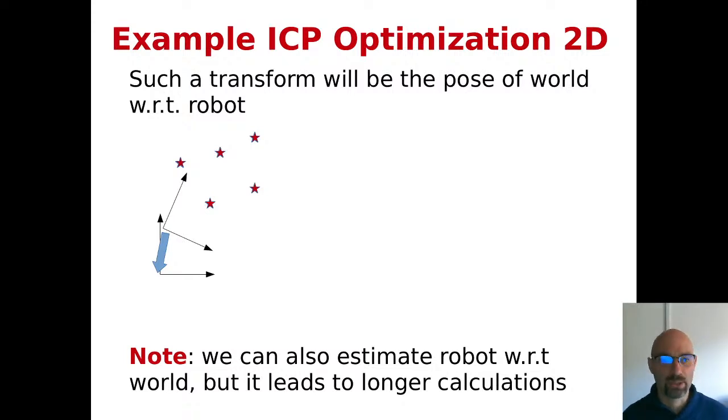registers the two point sets, basically, so that it minimizes the difference between the prediction and the observations, in the points of the world and in the points measured by the robot. Okay? Basically we want to register these two point sets.